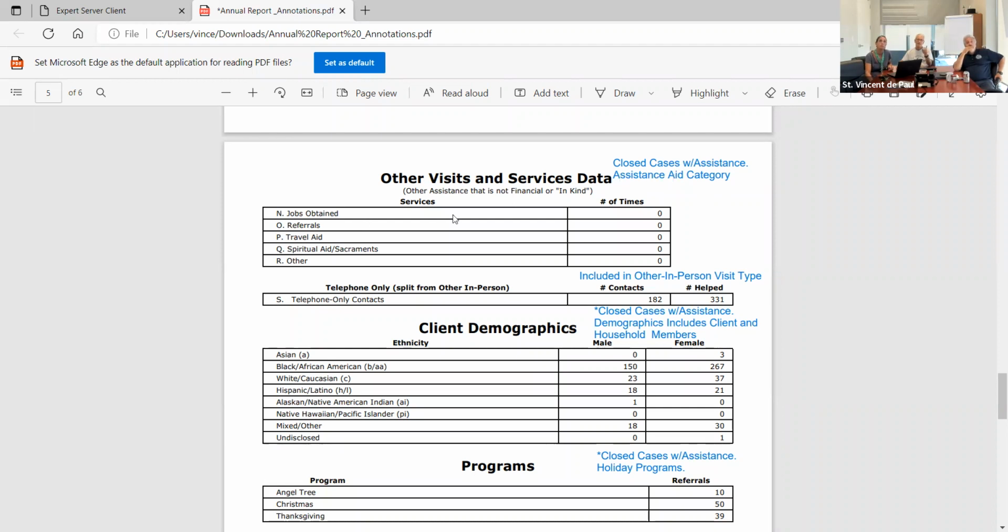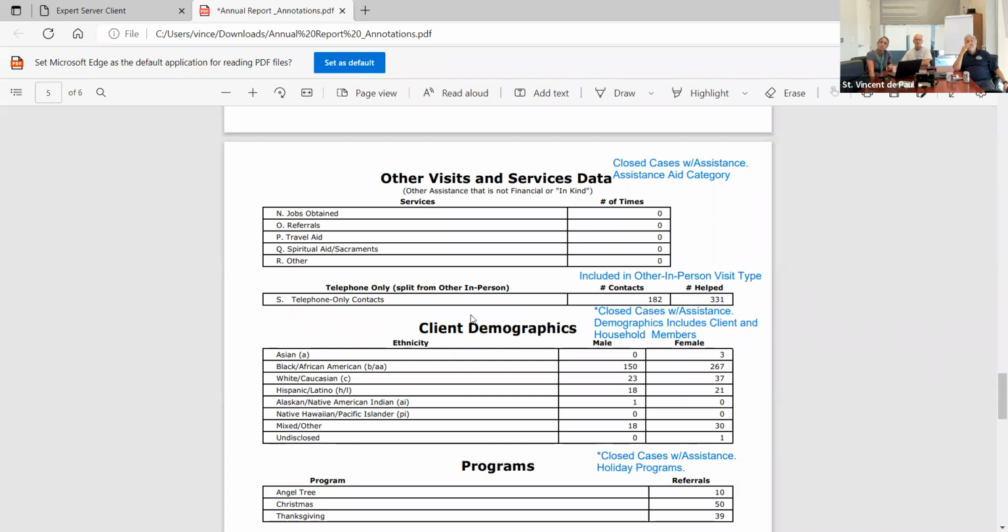And that's where you go over to the resource drop-down and you would see these resources here. Jobs attained, referrals, whatever. And once again, because it doesn't have an asterisk next to it, it can be changed from the wizard.